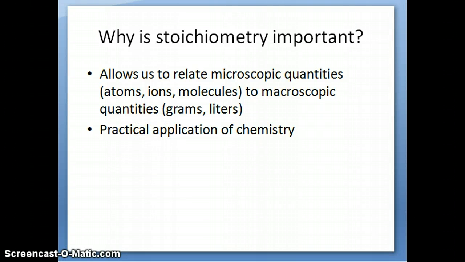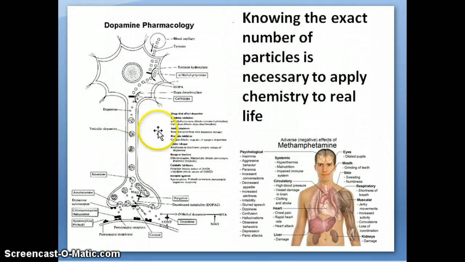Okay? So on this slide, I want to give you a bit of a feel for why it's important to study stoichiometry. If you're a researcher in biology, for example, or neuroscience in this case, maybe one of the things you'll be studying is this dopamine molecule, which is a neurotransmitter. That means that it's a molecule that is being released from one neuron to another neuron.